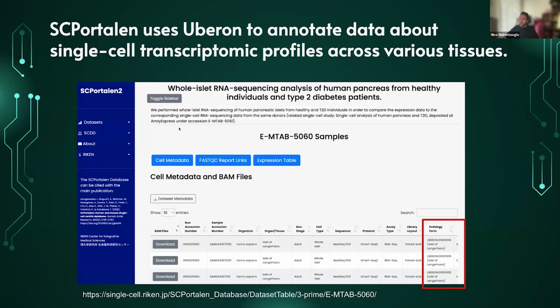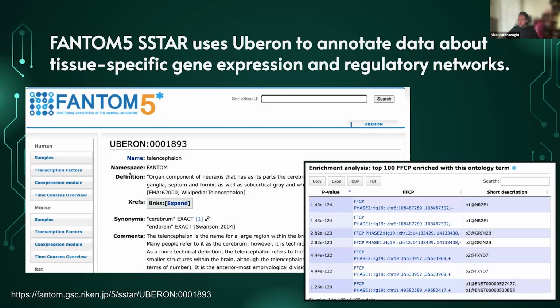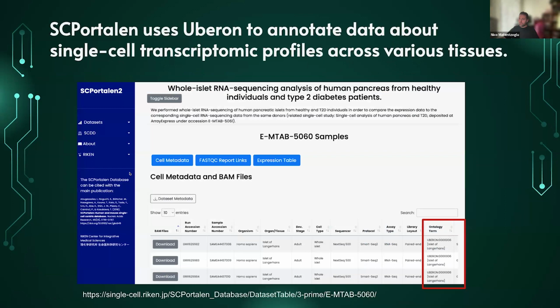Then we have other portals like this one here, the SC Portal 2, hosted at RIKEN in Japan.